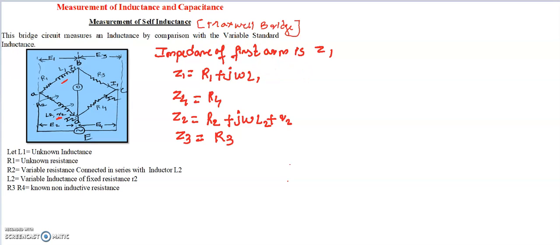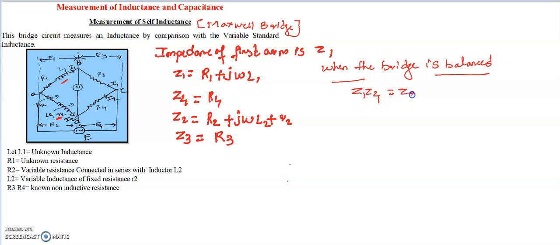When the bridge is balanced, Z1 times Z4 equals Z2 times Z3.